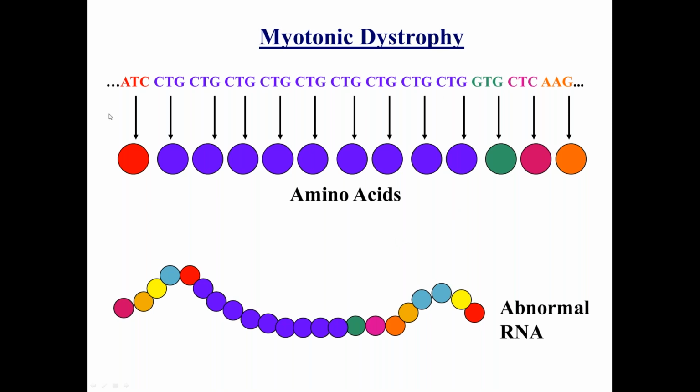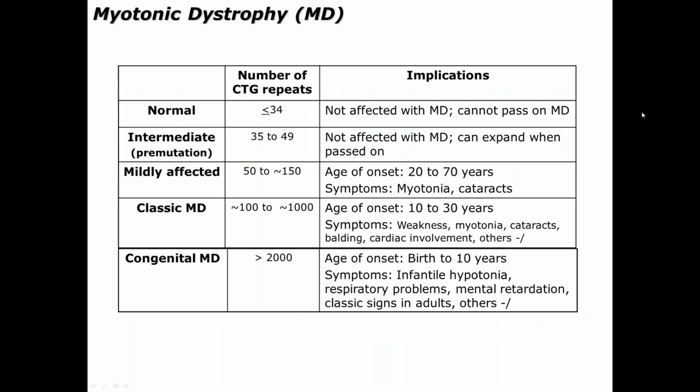But kind of getting at that, when the lab does the test, it gives you kind of a range of number of repeats. It can't always give you the very specific number. So when the laboratory comes back with a number or a type of range of numbers, that gives us an idea of perhaps the age of onset that we might see for somebody.